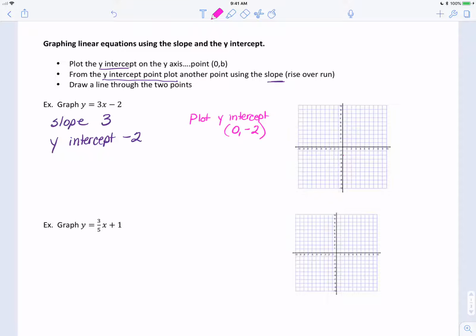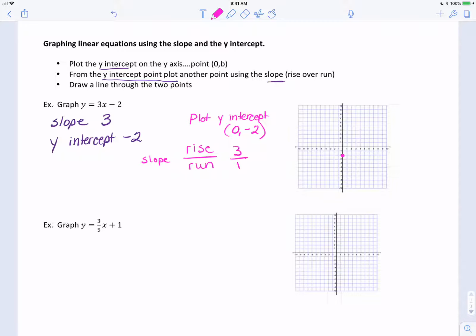So we take a point and plot it right there. Now from that point we're going to do rise over run with our slope. We have a slope of 3, so that's rising up 3, running over 1.